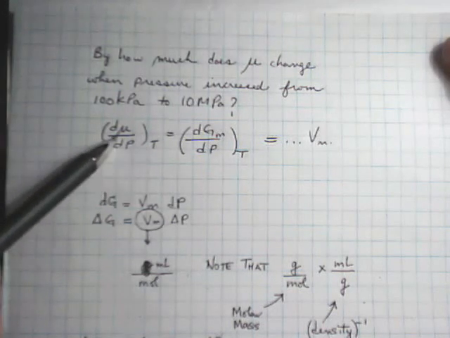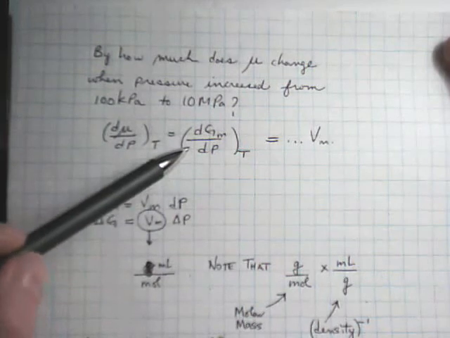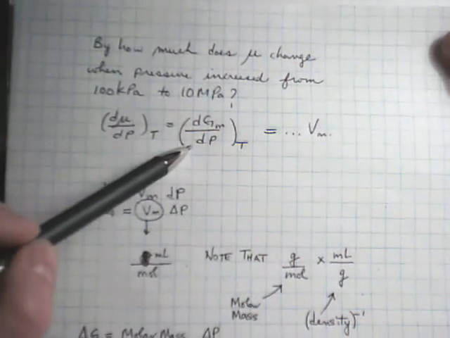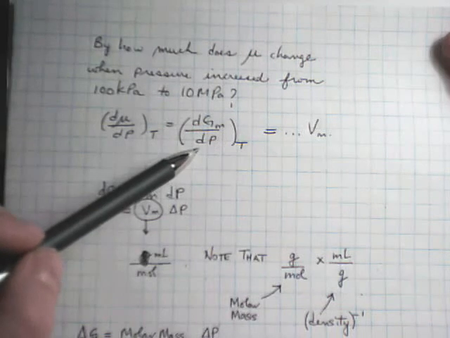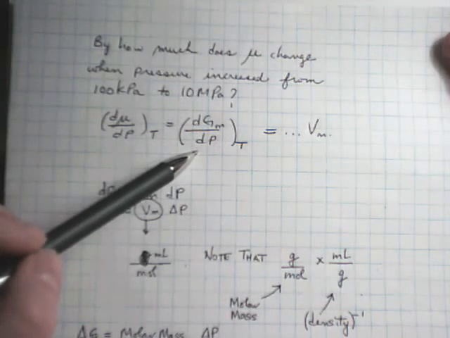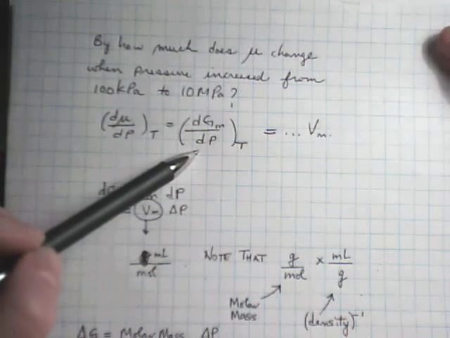We know that the chemical potential of a pure substance is the same as its molar Gibbs free energy. And we spent a lot of time trying to find these sorts of rates in terms of easily measured or easily looked up properties.